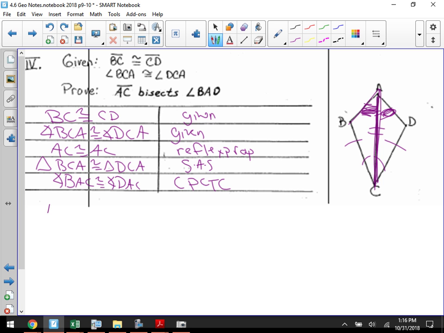The proof, right? AC bisects angle BAD. What's my reason? Yeah, definition of angle bisector.